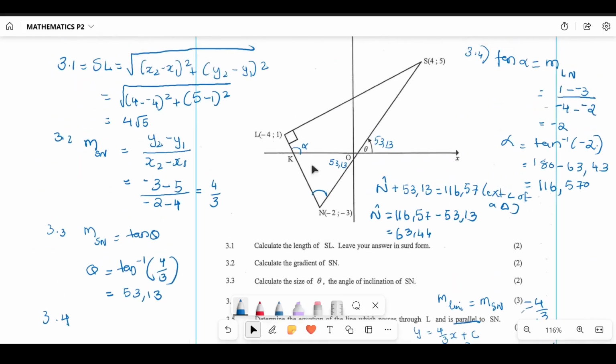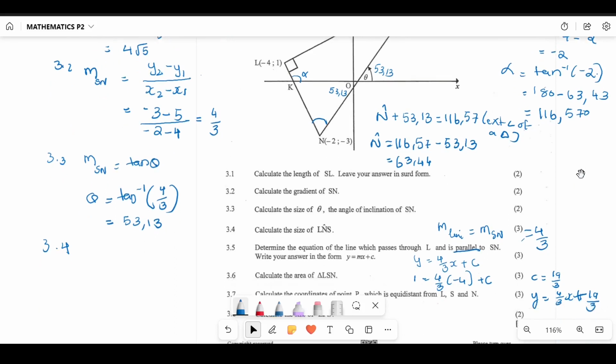This time in triangle LSN, it's already given that it's a right-angled triangle. So for the area, you can use the formula half base times height, where the two perpendicular sides are the base and the height. If you take this as the base, the height will be LS.